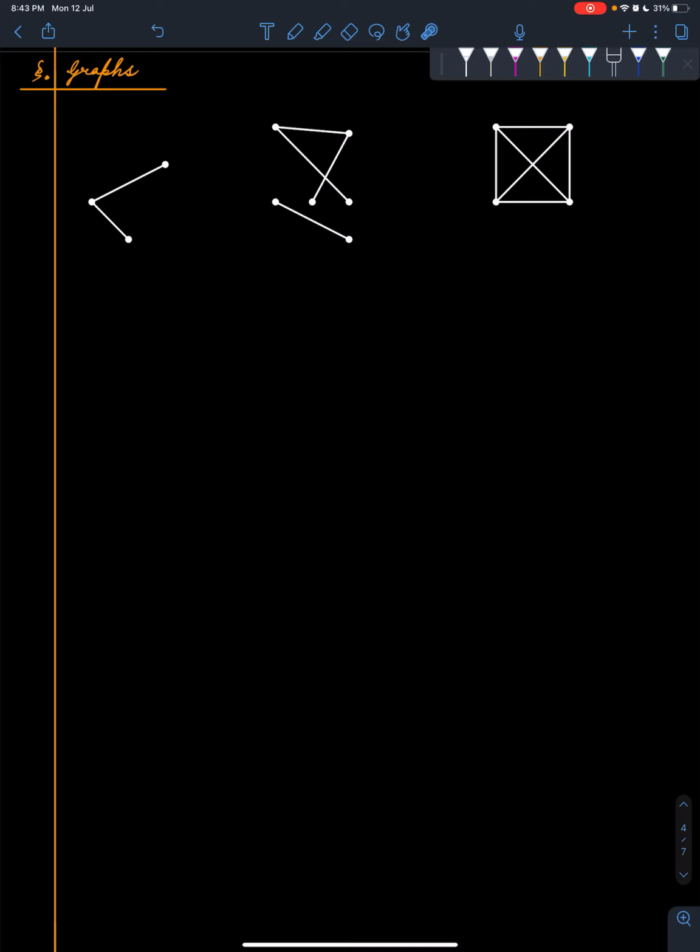So what is the formal definition? Here is one way to express the formal definition of a graph. There are other ways, but we'll express it in terms of relations. So a graph, or rather a simple graph, what we are really defining is a simple graph.